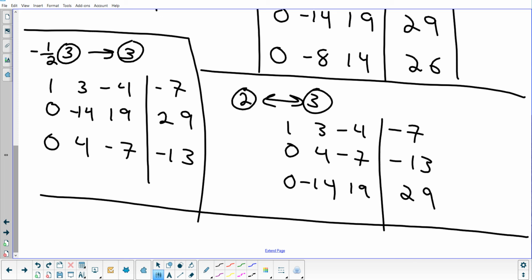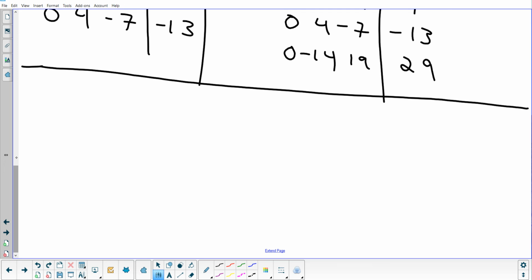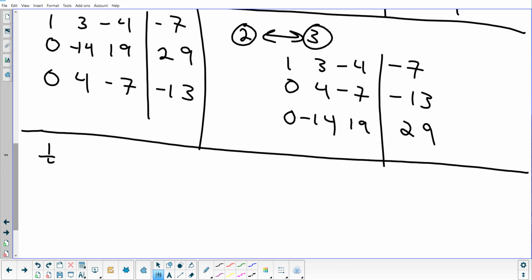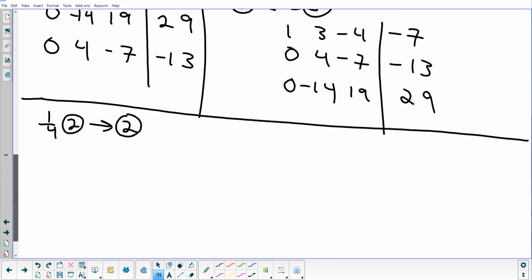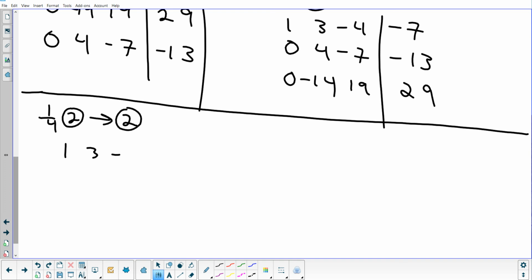So what would we want to multiply row 2 by now? 1/4, which again, I think I should have built in when I did this step right here, but it is what it is. All right, so 1/4 times row 2, and we're going to replace what's in row 2. So 1, 3, negative 4, negative 7.